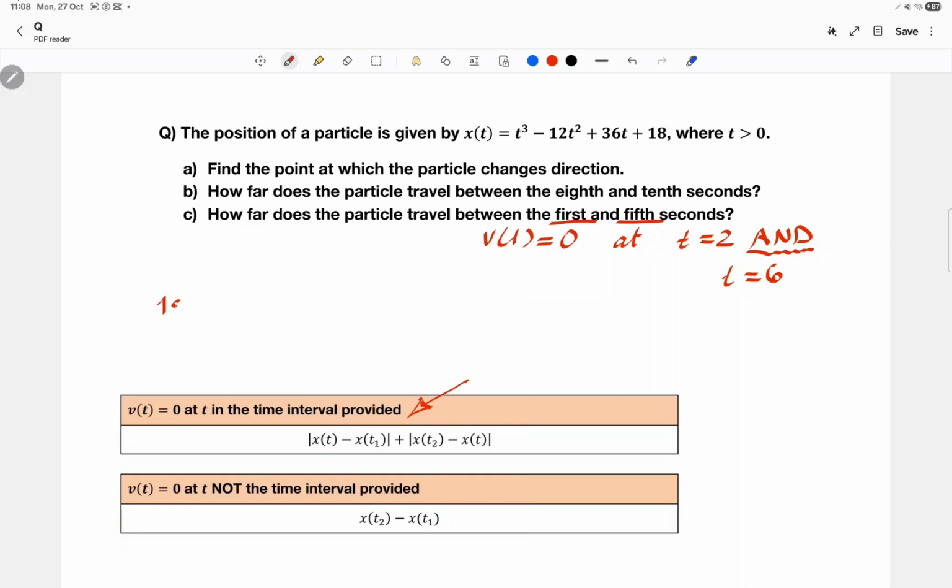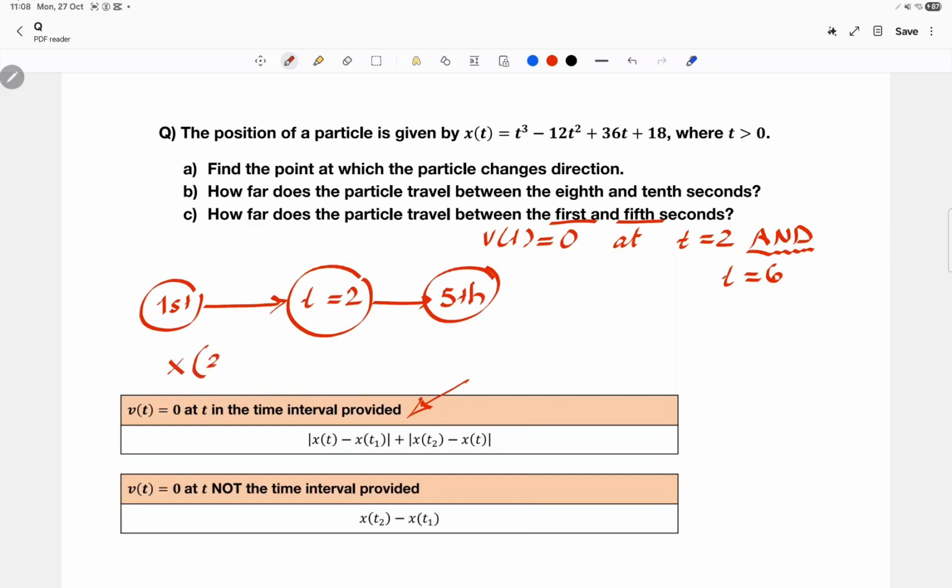So we're going to go from 1st, then to a time of 2 where the velocity is 0, and then all the way to the 5th. So now we should do the following. We should do the absolute value of x of 2 minus x of 1, plus the absolute value again of x of 5 minus x of 2. Okay? And now I can use Desmos for the results.